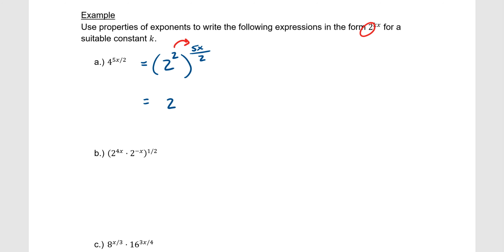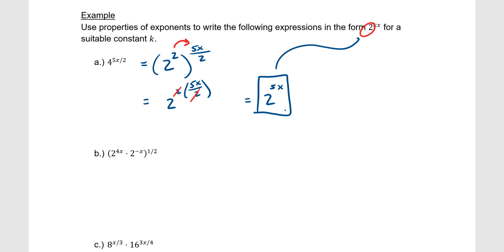So that's going to be 2 raised up to the 2 times 5x over 2. The 2's cancel, and we end up getting 2 raised up to the 5x. So that's in the form 2 to the kx. In this case, k is 5.